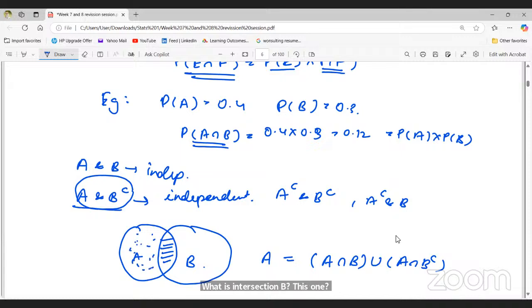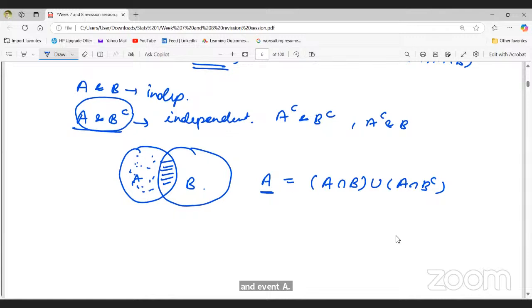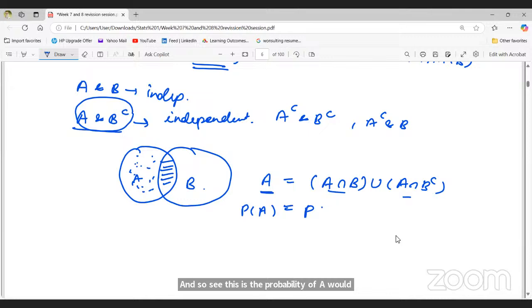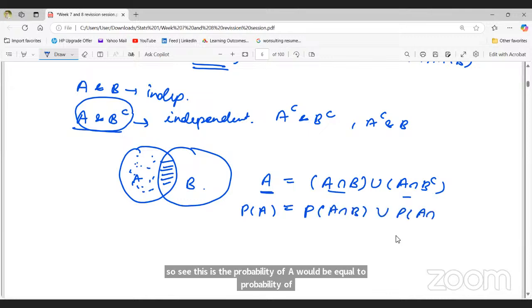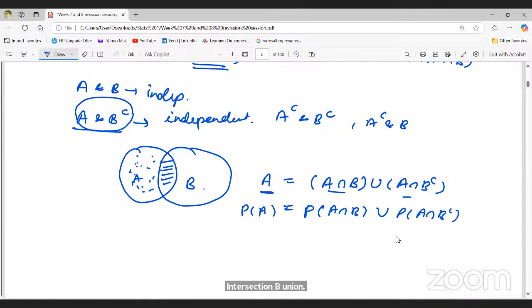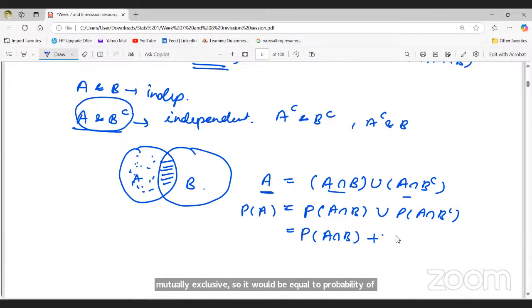This whole is event A. Now these two events are mutually exclusive, so the probability of A equals the probability of A intersection B union A intersection B complement, and since they are mutually exclusive, it equals the probability of A intersection B plus the probability of A intersection B complement.